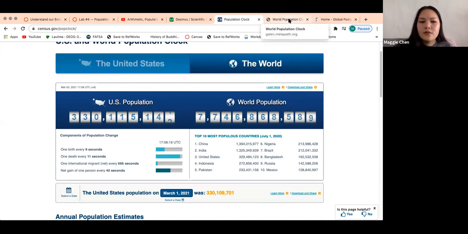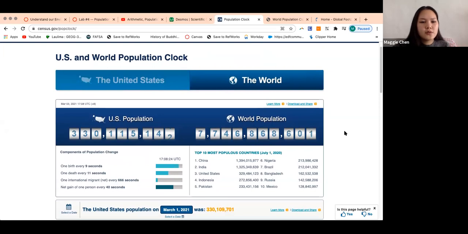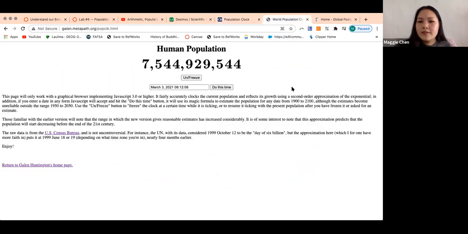But this website is referring to the US Census Bureau and what is counted by the US Census Bureau, so it could be more accurate. The second link that we can find on the slide is the human population clock, which uses equations and calculations like JavaScript 3.0 to calculate the human population within the world.